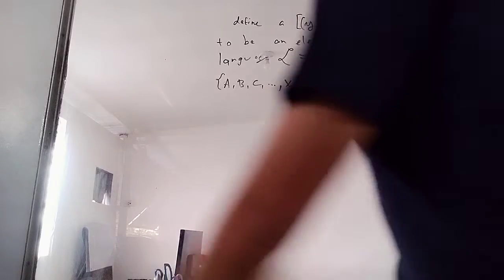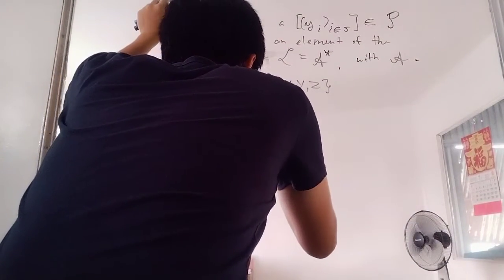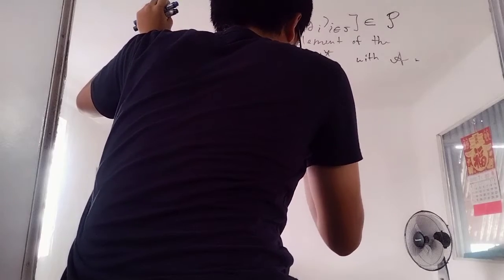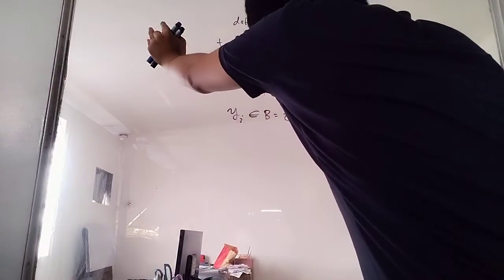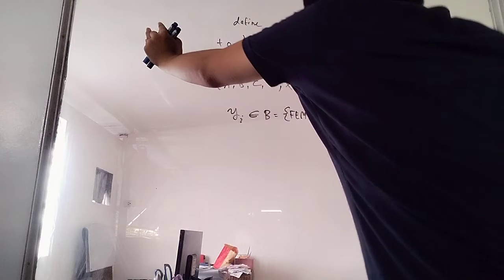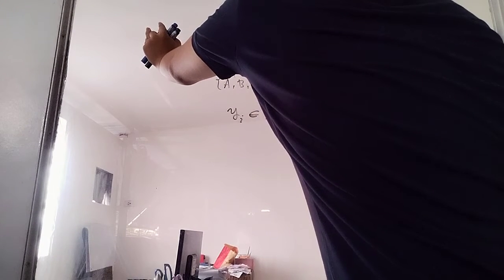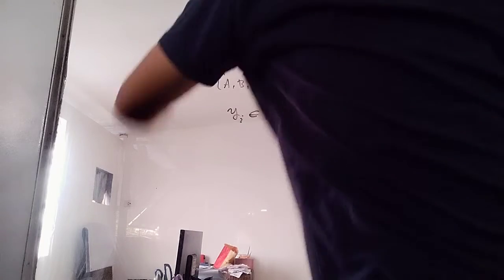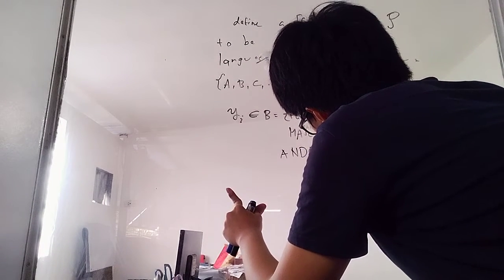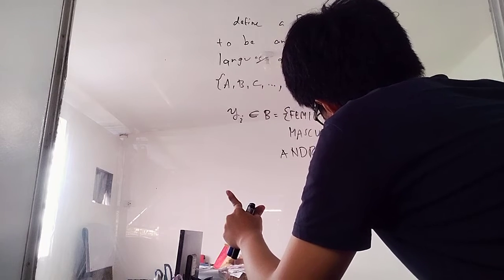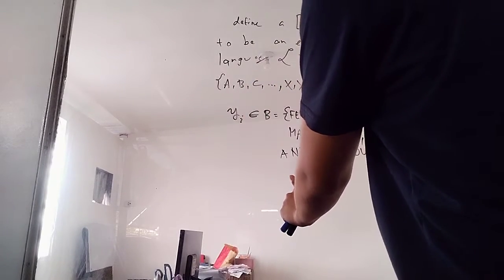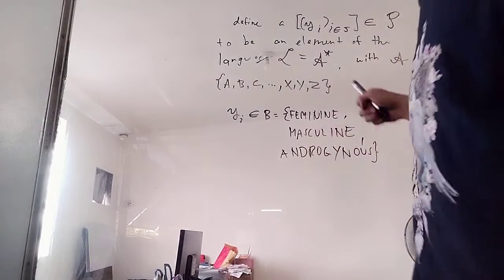So y_i is an element of the set B, which is now not the same as a while ago, but now it can be F-E-M-I-N-I-N-E, feminine, or M-A-S-C-U-L-I-N-E, masculine, or A-N-D-R-O-G-Y-N-O-U-S, androgynous. So Y can be either one of these three words, mostly.